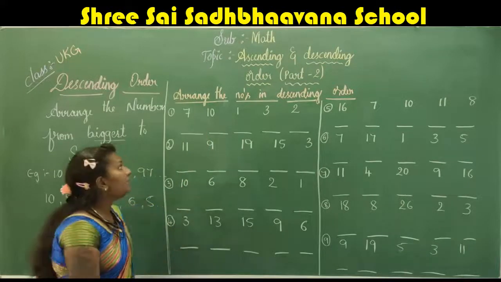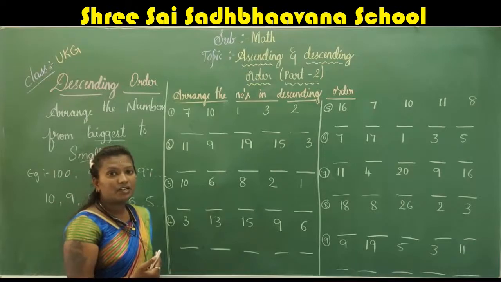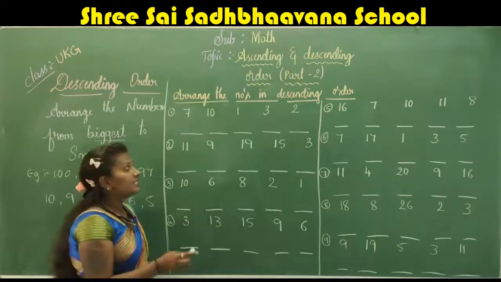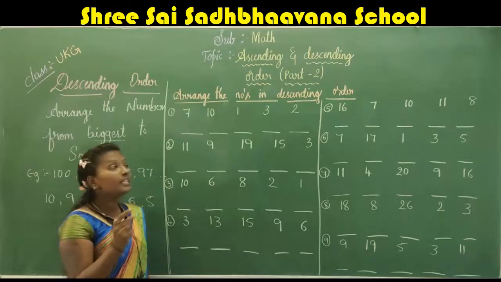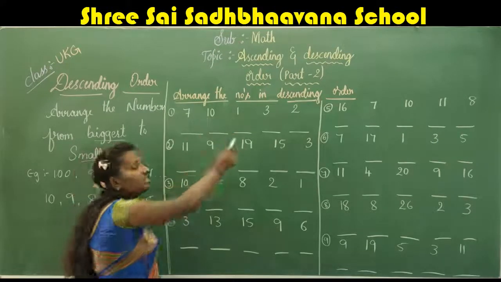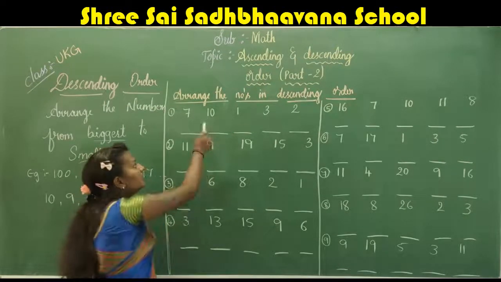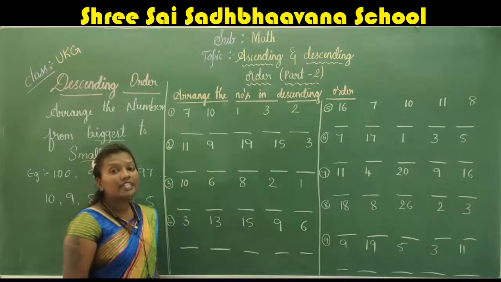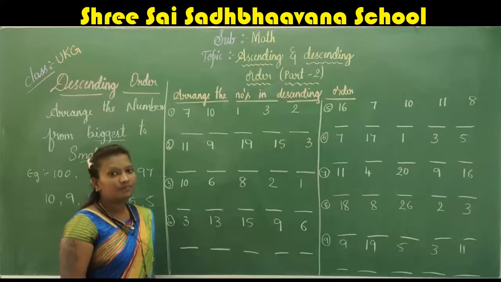Number 7? No, because here they have given a 2-digit number, so we cannot blindly think 7 is the biggest. Here they have given single-digit numbers, and here a 2-digit number, so this is the biggest number. So 10 is the biggest number.